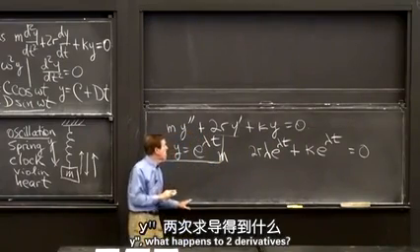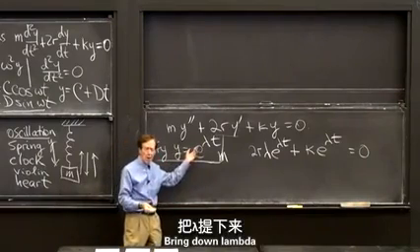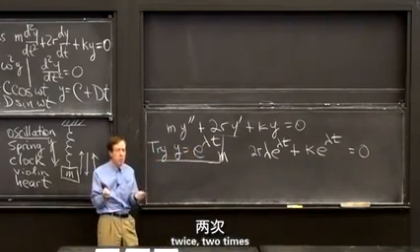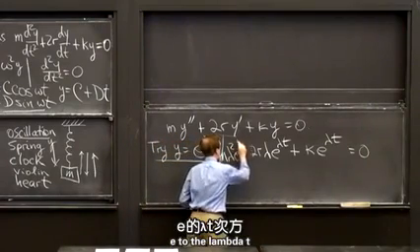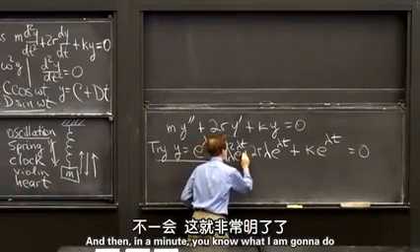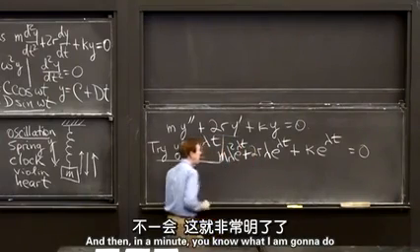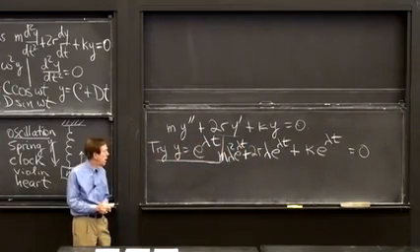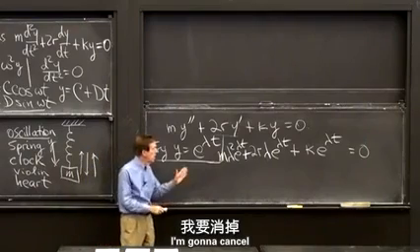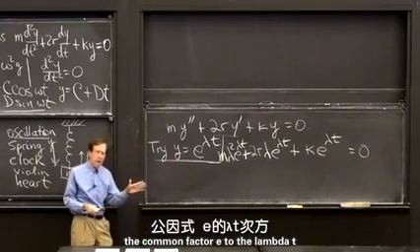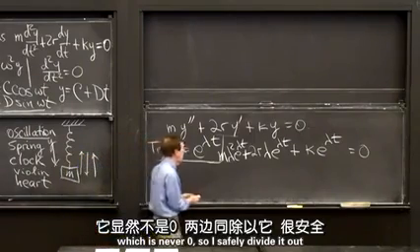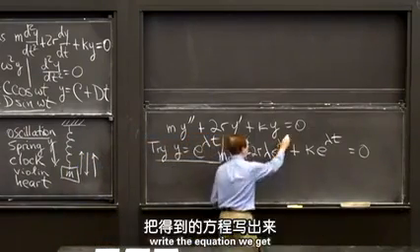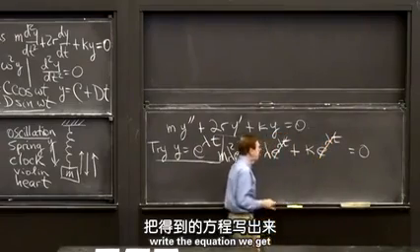What happens with two derivatives? Bring down lambda twice, so I have lambda squared e to the lambda t. And then, in a minute, I'm going to cancel the common factor e to the lambda t, which is never 0, so I safely divide it out, and then write the equation we get.